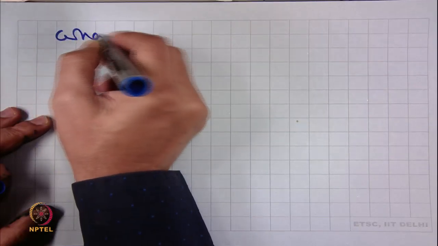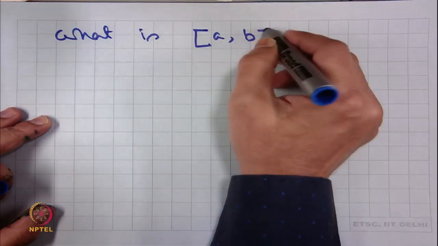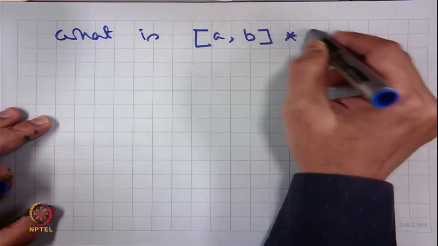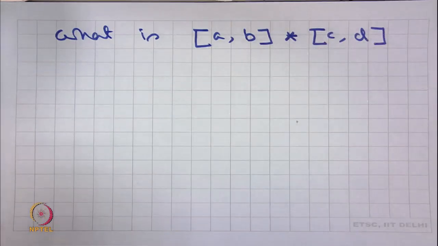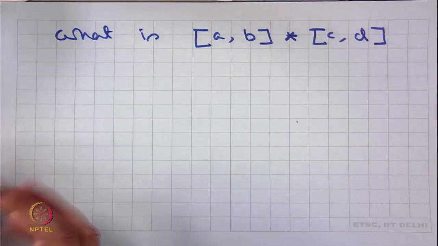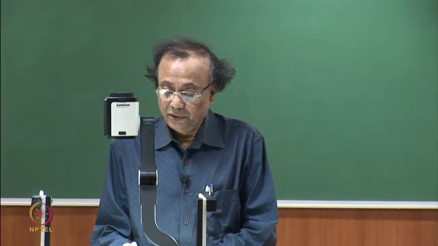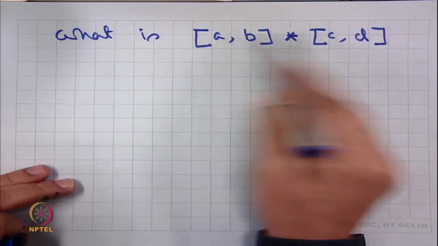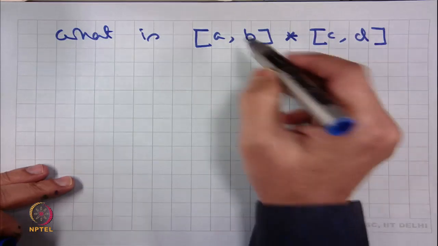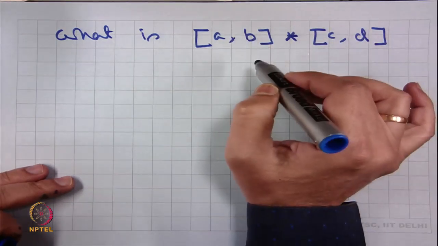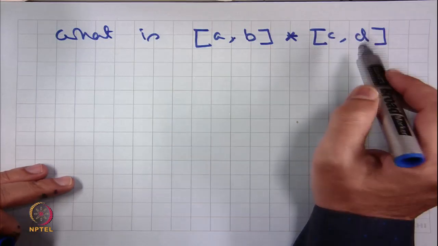What is [a, b] multiplied by [c, d]? Again, as before, we want to get the interval that should contain all possible values which come as a product of any arbitrary number chosen from this interval and any arbitrary number chosen from the second interval.